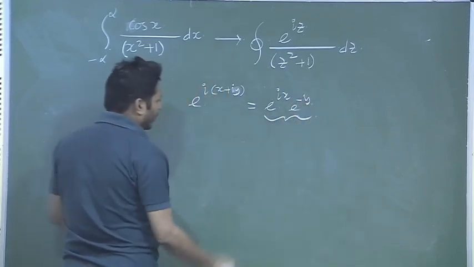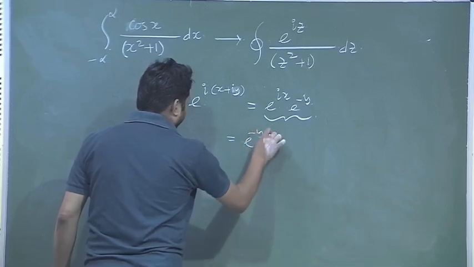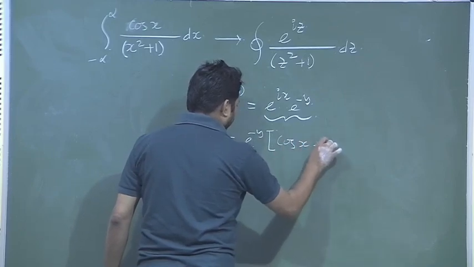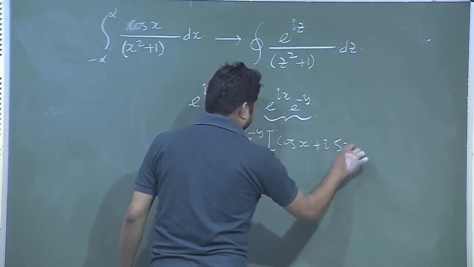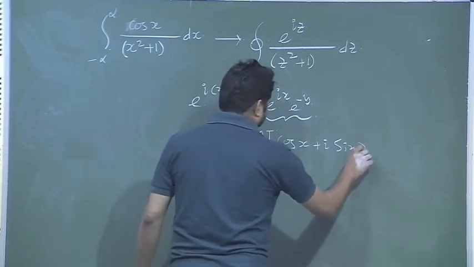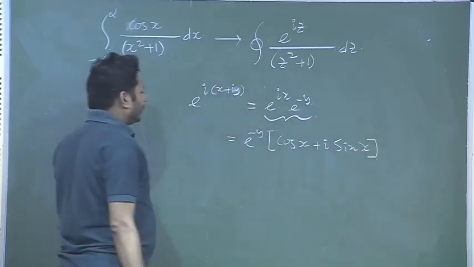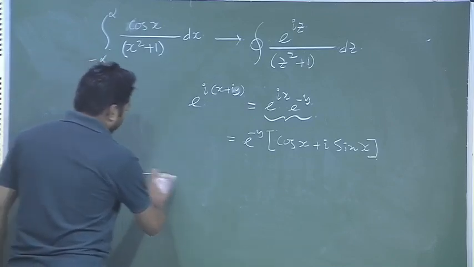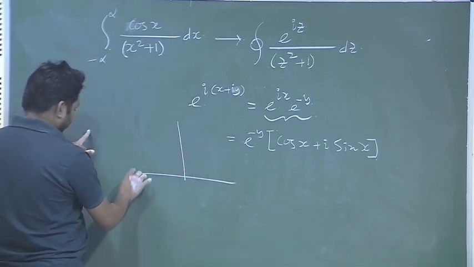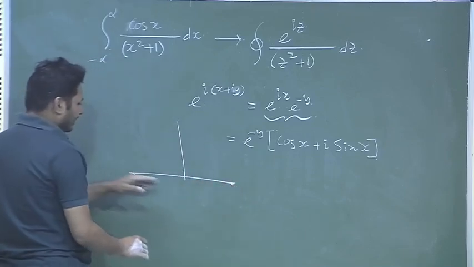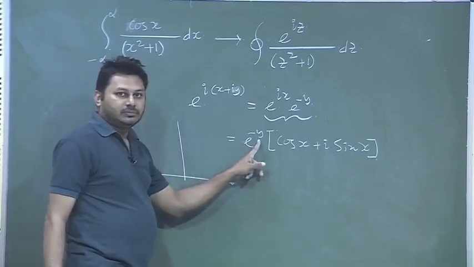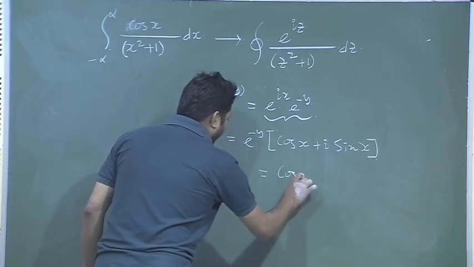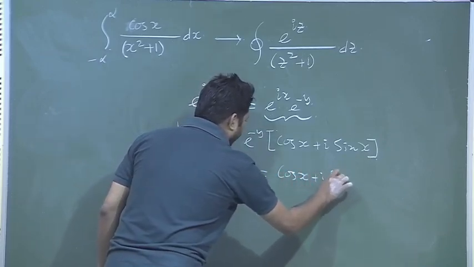So, this quantity is e to the power of minus y multiplied by cos x plus i sin x. When I do this over the real axis, y is 0, and we have two components, one is cos x and another is i sin x.